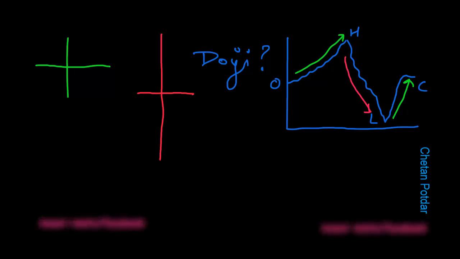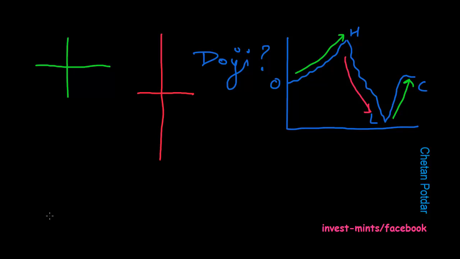Whenever you see a doji at the top of the chart, which means if I draw a chart, this is the price going up and you see a doji on the top, it basically means that there is an indecision of the bulls and the bears.